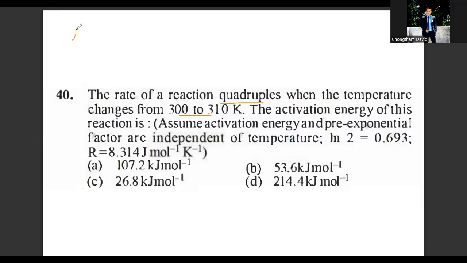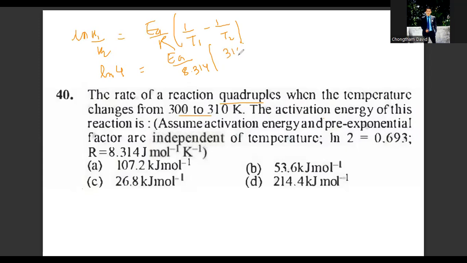Okay. What is the Arrhenius equation? ln K1 by K2 equals activation energy by gas constant, into 1 by T1 minus 1 by T2. Can I write here log 4 equals activation energy by, what is the gas constant, 8.314. Given temperatures are 310 and 300, right?